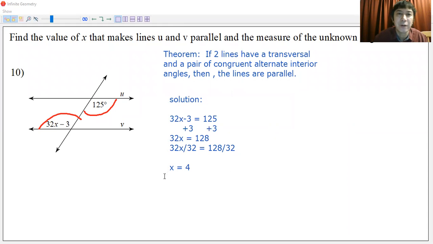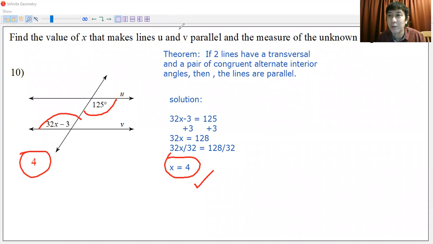All right, and so that's our answer. x is 4. Computer's verification, x is 4. So this is correct. Find the values of the angles. One of the angles is 125. Let's see if 32x minus 3 is also 125. Solving for the other angle, we use 32x minus 3.